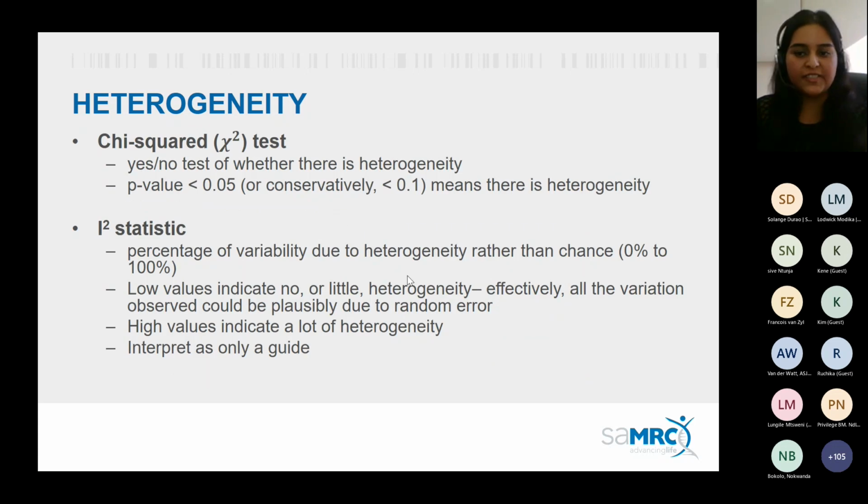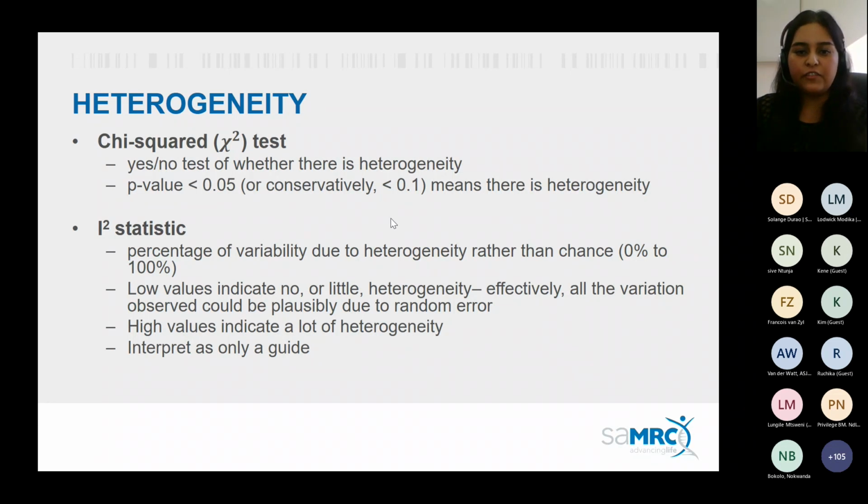We can look at two statistics to measure heterogeneity. The chi-square test provides a yes or no answer as to whether there is heterogeneity, so whether there's differences between the studies. So it answers the question, are all the studies estimating the same true effect? If the test is significant, so if it's less than 0.05, then we can conclude that there is heterogeneity.